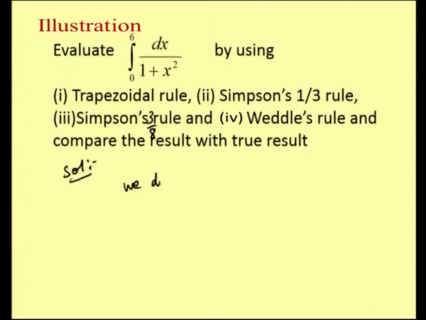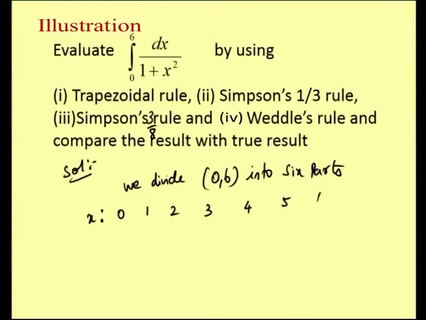We divide the interval 0 to 6 into 6 parts, so that we can apply Simpson's 1/3 as well as Simpson's 3/8 rule. So, it is divided into 6 parts as 0, 1, 2, 3, 4, 5 and 6.